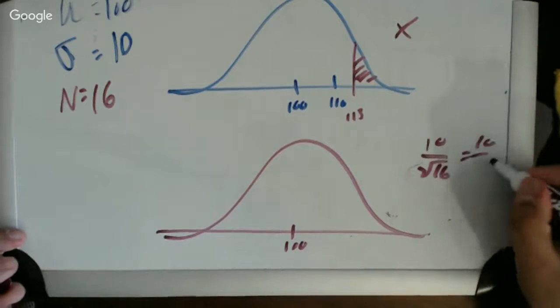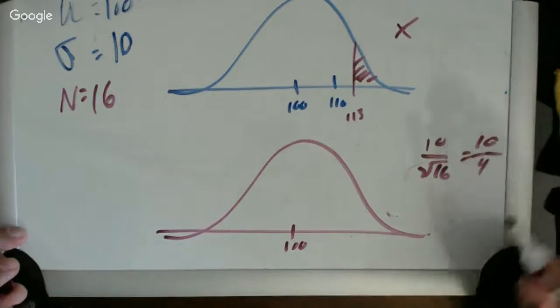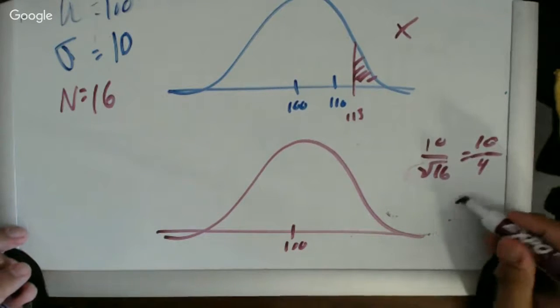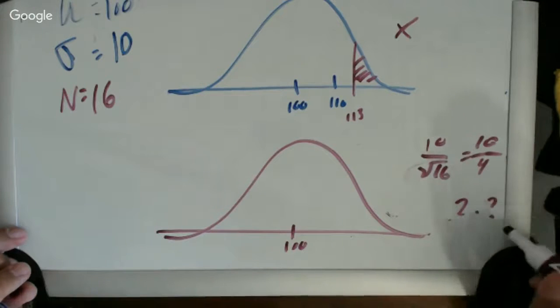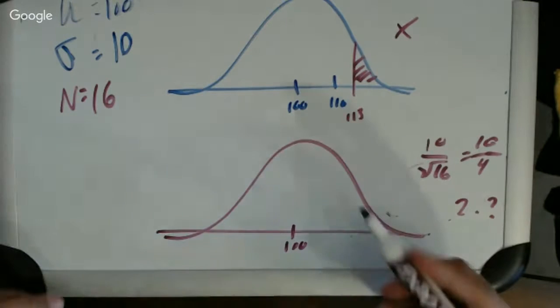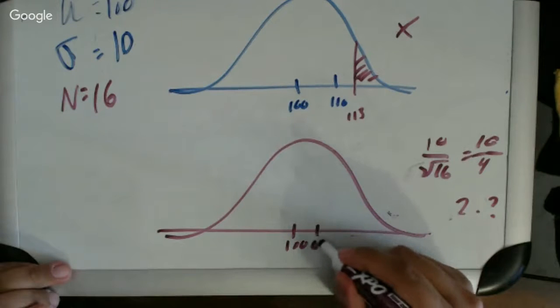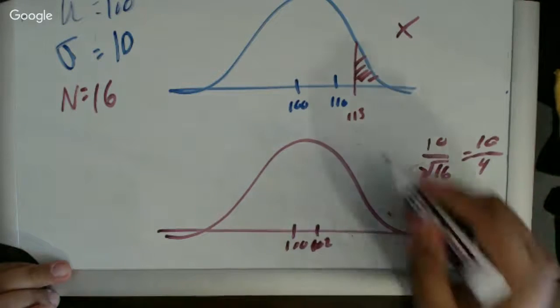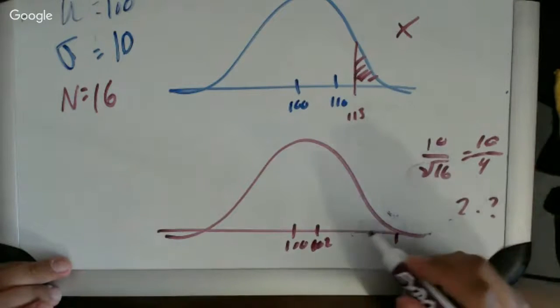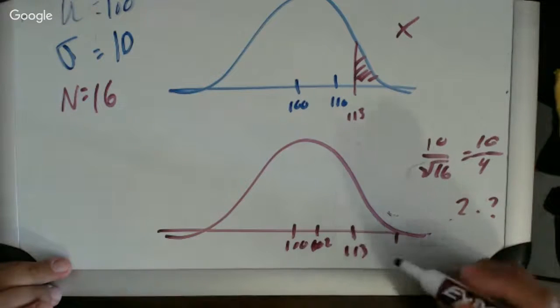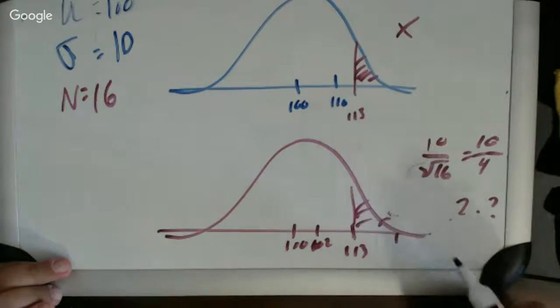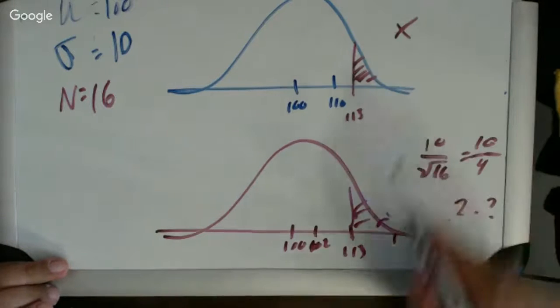It's really 10 divided by 4. What's that? 2 point something. So the point is that this is 102. And then you can look up that same score of 113, which is going to be right here, and say, what's this probability? And that number will almost always be less than X.